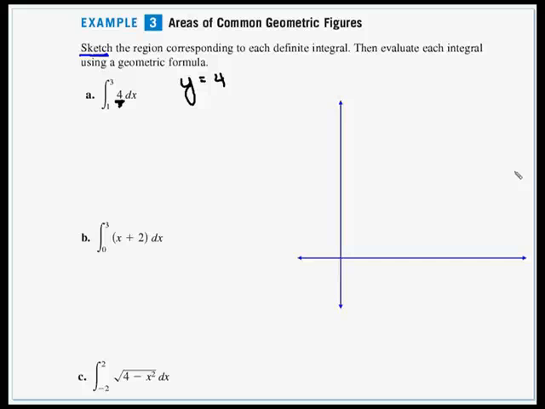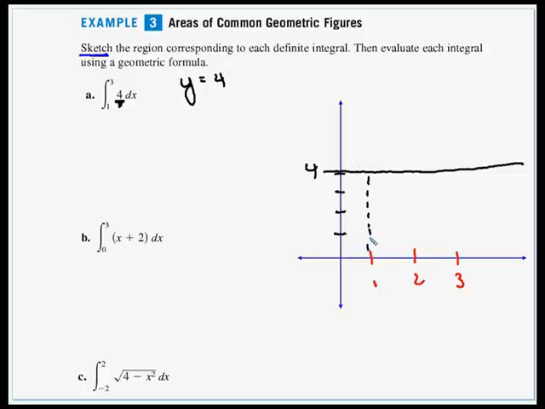If we graph that on the plane, that's just a horizontal line. So here's 1, 2, 3, 4. We have a horizontal line at 4. And we're looking at that bounded by the x-axis, and our lower and upper limits are 1 and 3. So 1, 2, 3. Here's the region that we're interested in.